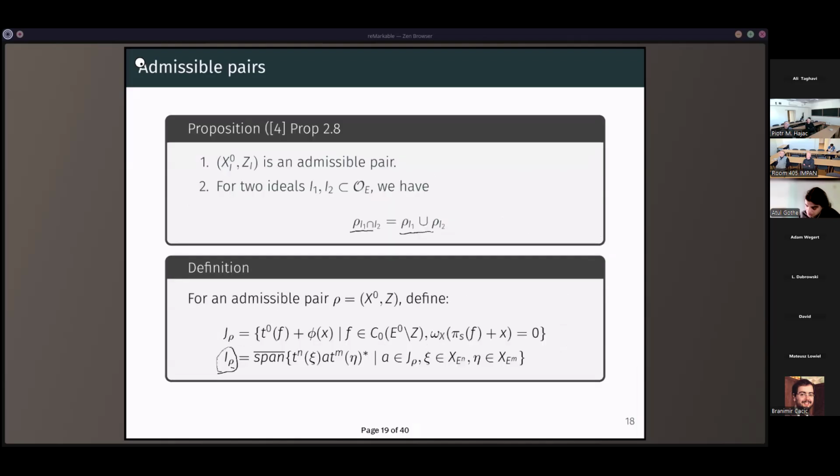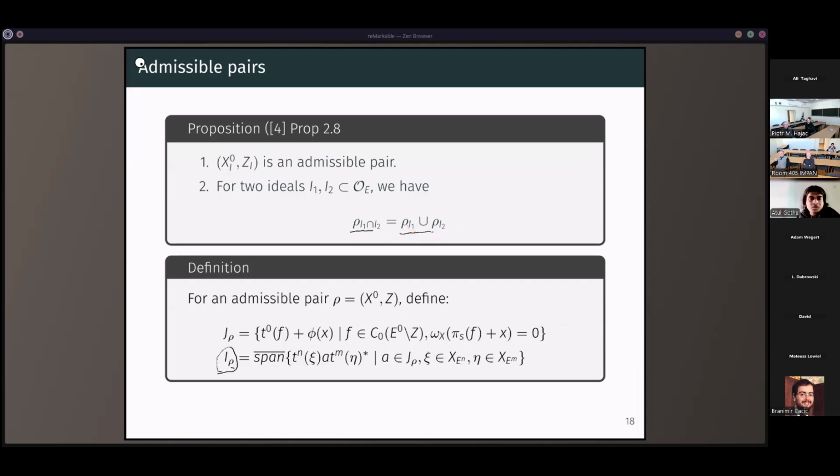Because we have that I rho intersection is just the union of admissible pairs. So if we have an ideal I which has non-trivial intersection with any other gauge invariant ideal, maybe it can be thought of as some subset of E0 which contains all admissible pairs.